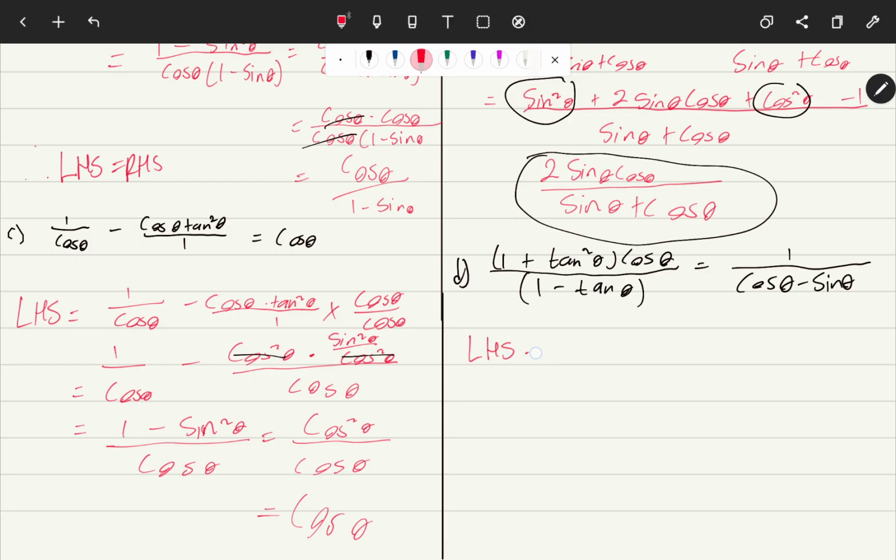So left hand side is equal to 1 plus tan squared, over cos², 1 minus tan theta.